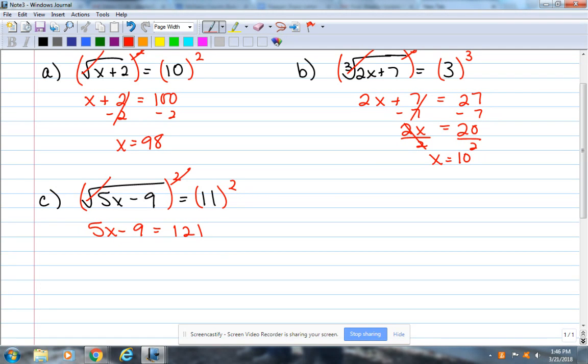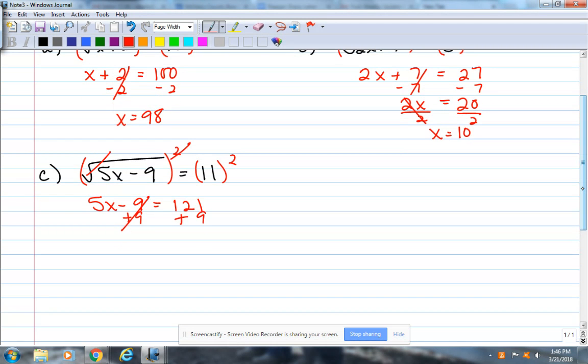And okay, so now we got to get the x by itself, so how do we do that? Subtract 9. Well, no, add 9. Yeah. Add 9 to both sides. So what's 121 plus 9? So 5x equals 130. And x equals what? 26.